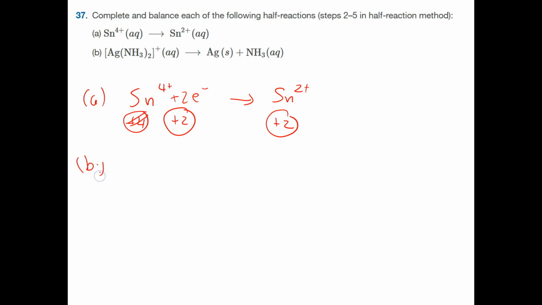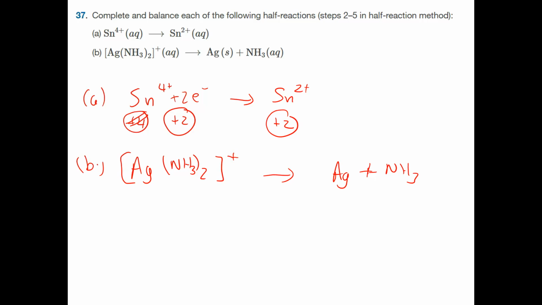In the second example, we have this quite complicated cation, and it reacts to form Ag and NH3. So what has happened here?